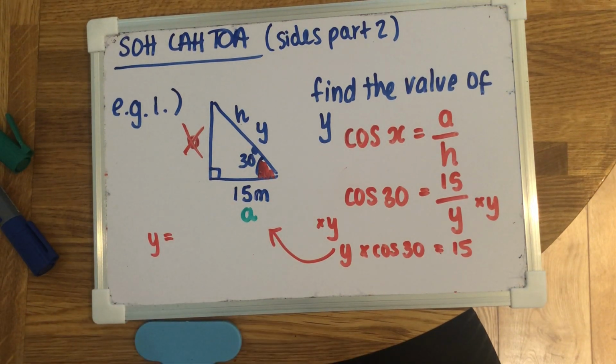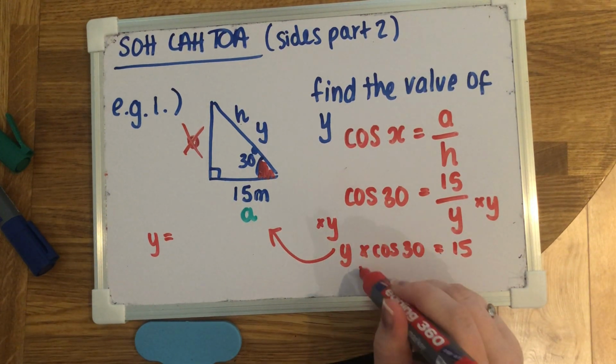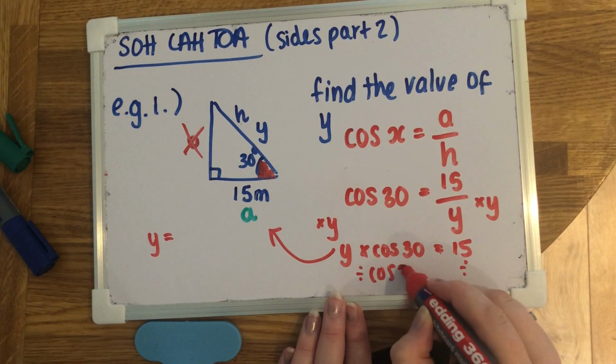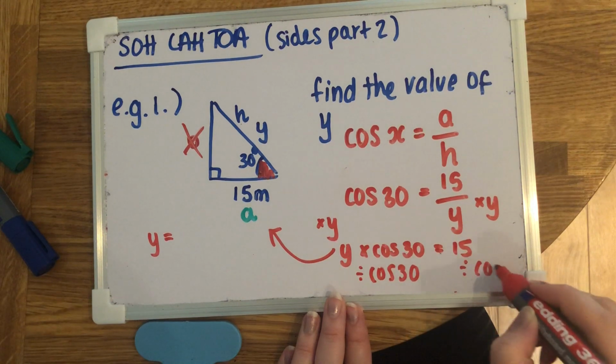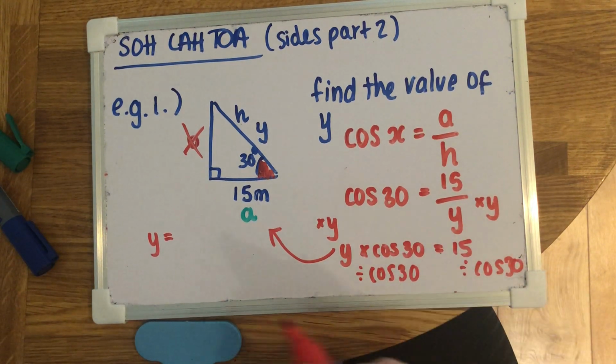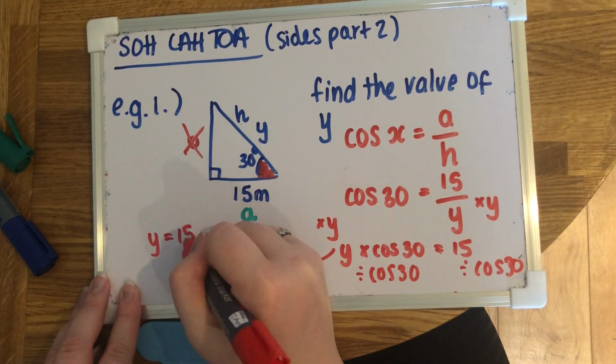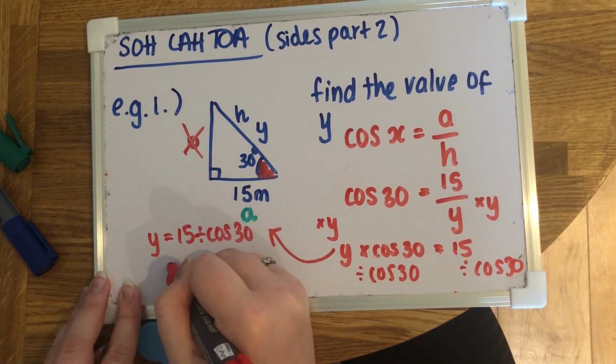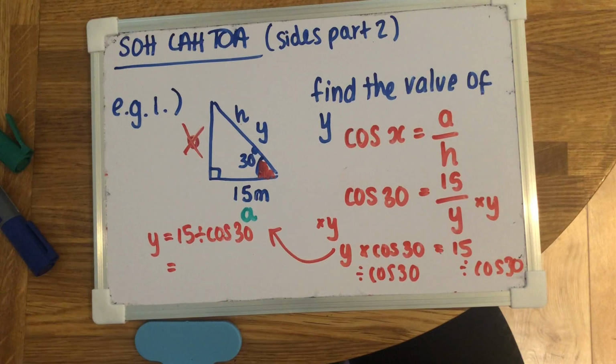Okay, and the only way to do that is to somehow get rid of this cos of 30. Now at the moment these two are both multiplied together, so the opposite of multiplying is to divide. So we need to divide cos 30 to both sides. Okay, so we're going to do 15 divided by cos of 30. And then we'll type it in the calculator and see what it gives us.